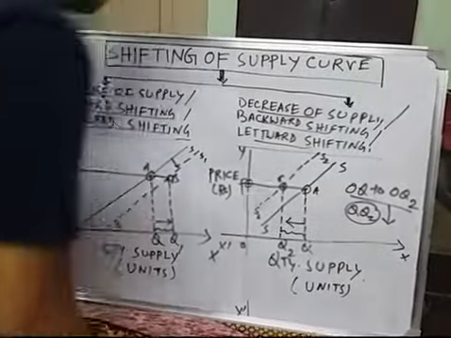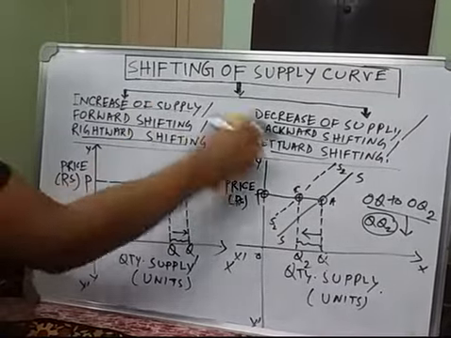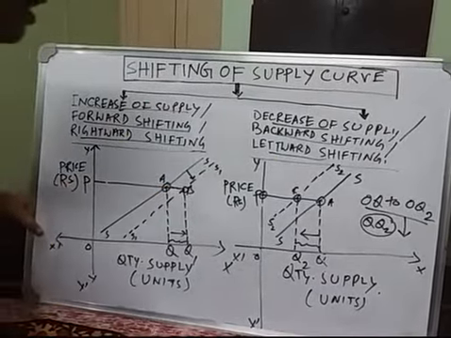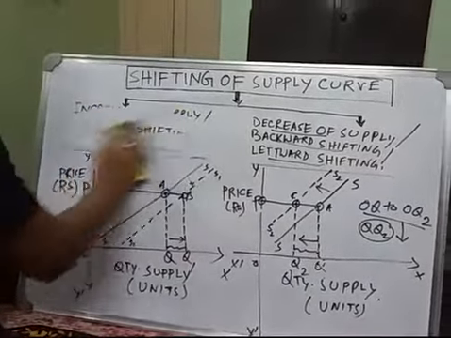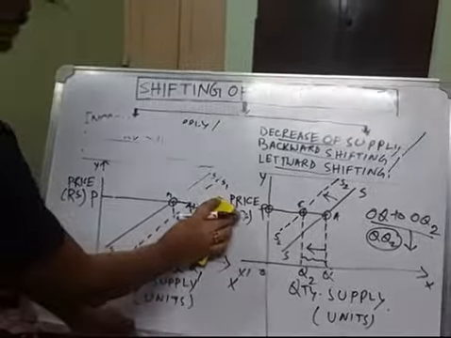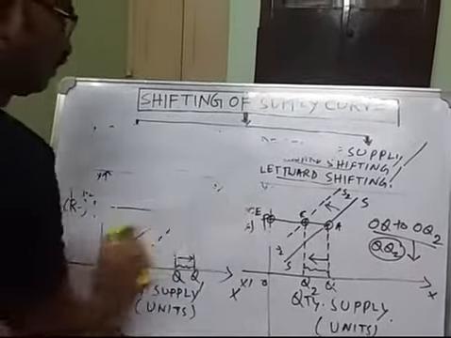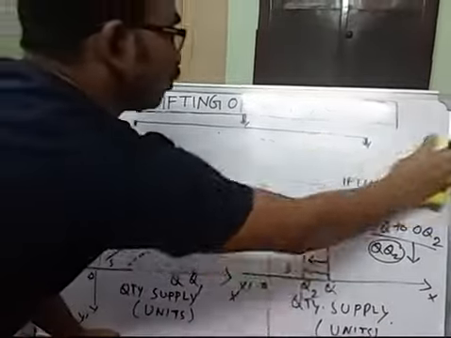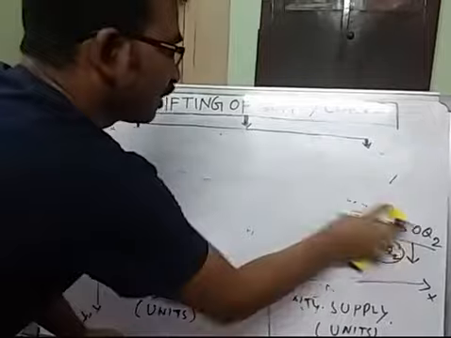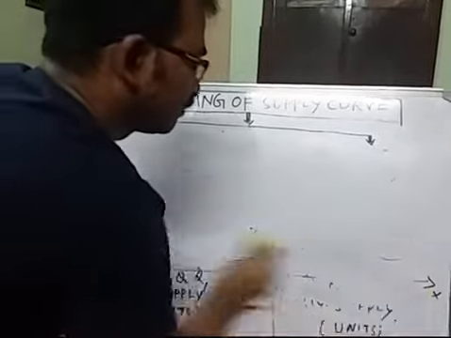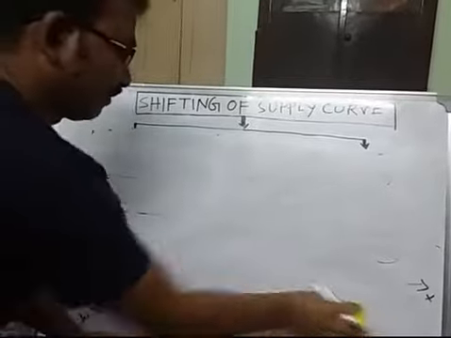Now see, I am adding both the concepts, increase of supply and decrease of supply, together. If I add both the concepts together, automatically you can get the entire concept of the shifting of supply.